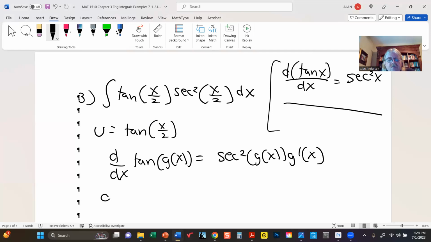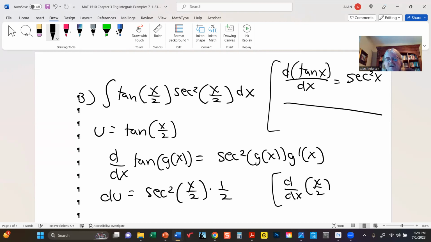So here, what we're going to have is secant squared of x over 2 times 1/2, because the derivative of 1/2 of x is just 1/2. So that is what we end up with here.